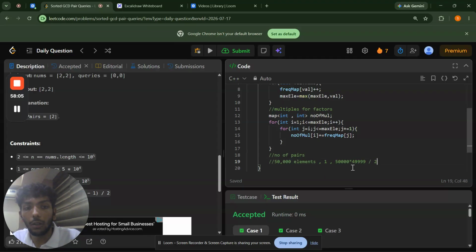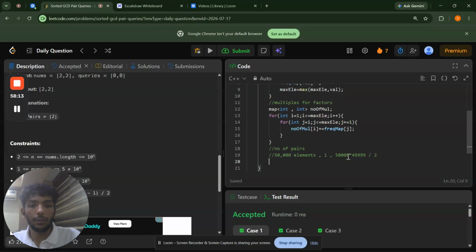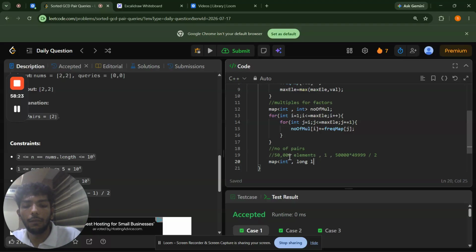So it will be a long. I hope you guys are getting me. So let's create a map. Here the key is always less than or equal to 50,000, so it will be integer, and then we will store the value in long, just for this number of pairs.